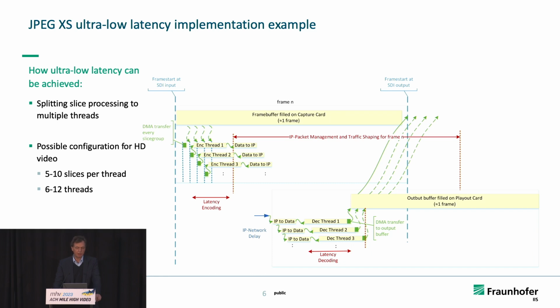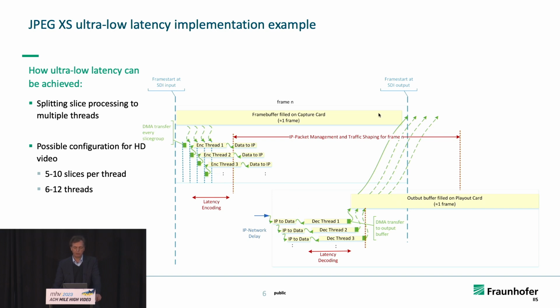With this configuration, for example, you can use on an HD video 5 to 7 slices per thread and 6 to 12 threads. After starting the first thread, you wait for the next data from the capture card, and then you start the next thread and so on, and the same on the decoding.